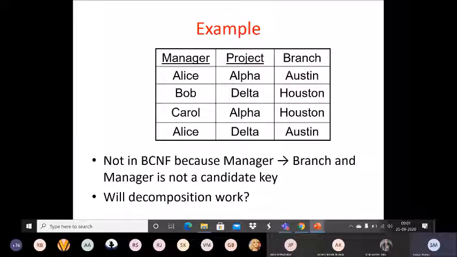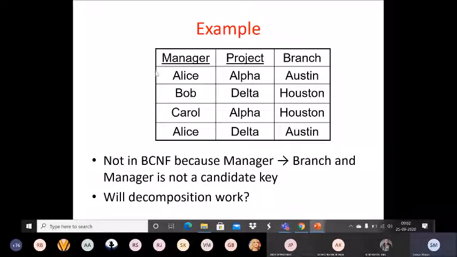This table is not in BCNF. Why? Because manager determining branch, and manager is not a candidate key. You will tell me that manager is underlined, so manager is a candidate key. No, manager is a part of the candidate key.